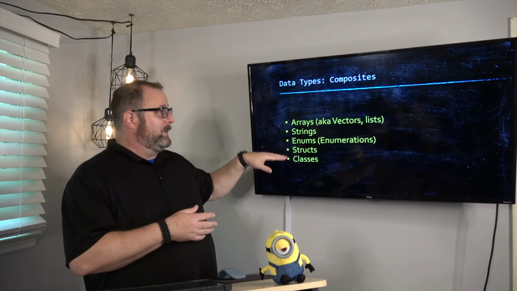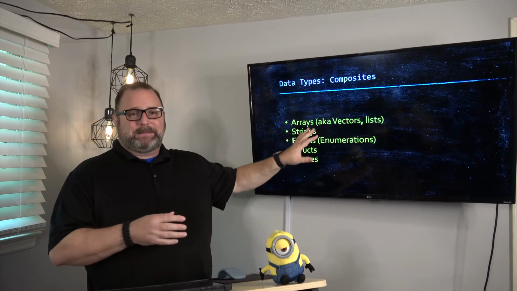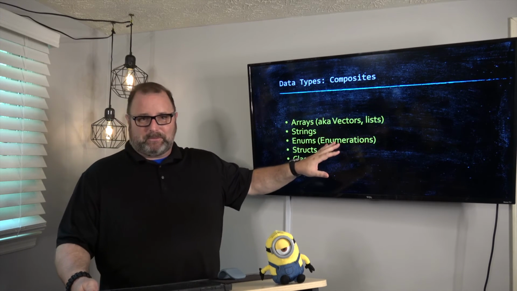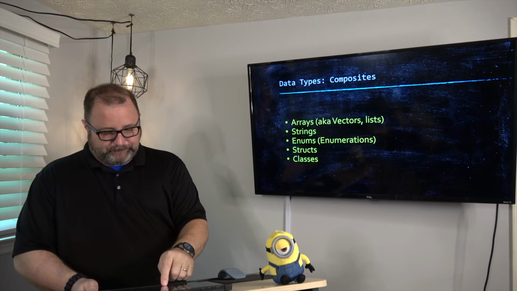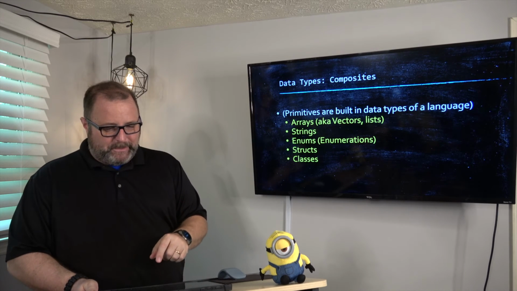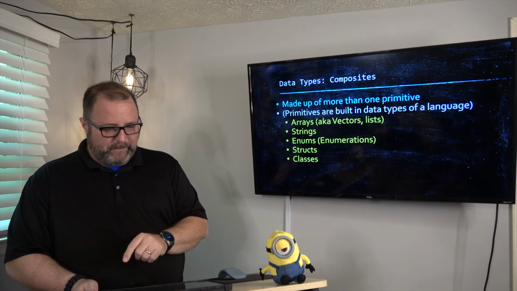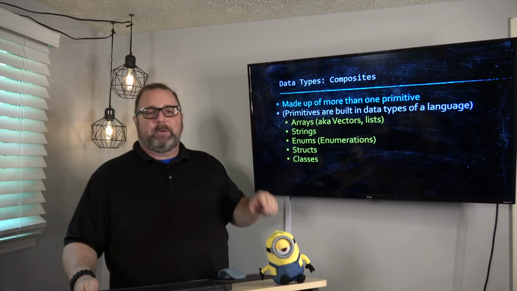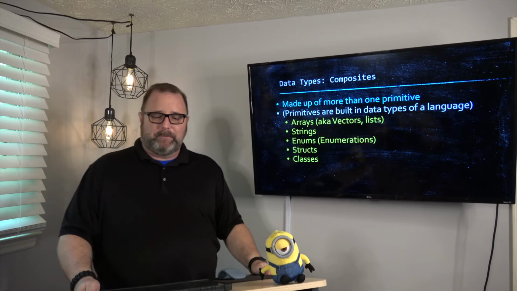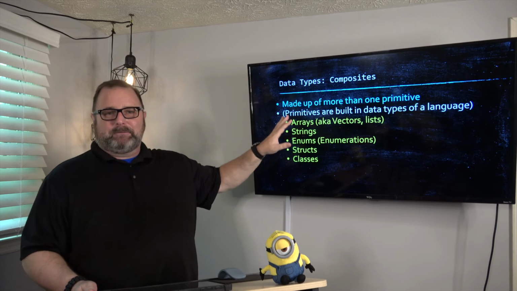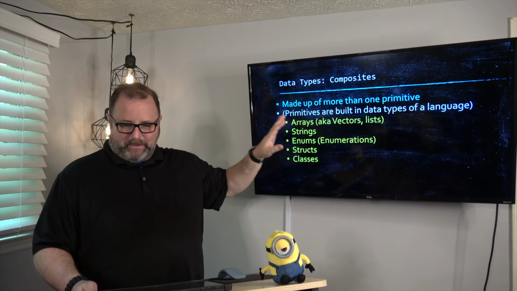Okay? All of those are composite data types or data structures. And what they have in common is we know that primitives are built in, and we know that these are made up of more than one primitive. Okay? And that's all I really want to talk about for now.